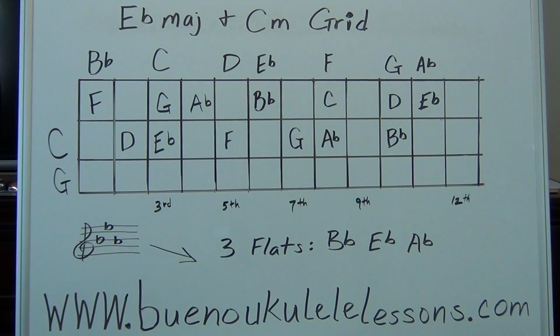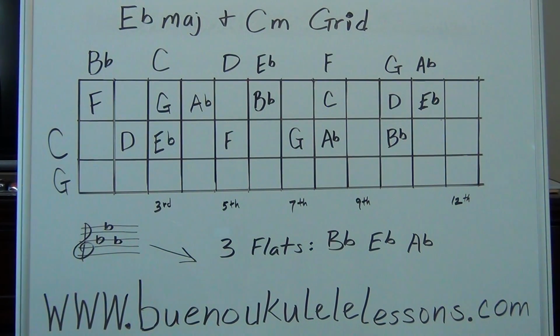Okay, so you got your music sheet. We're explaining the grid for E flat major or C minor. E flat major is not a popular key to play in, but the key of C minor is relatively familiar and popular for people to play in. So that's why we're going over the grid for that.